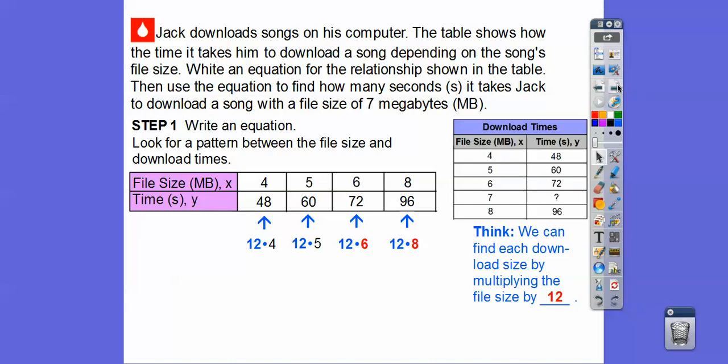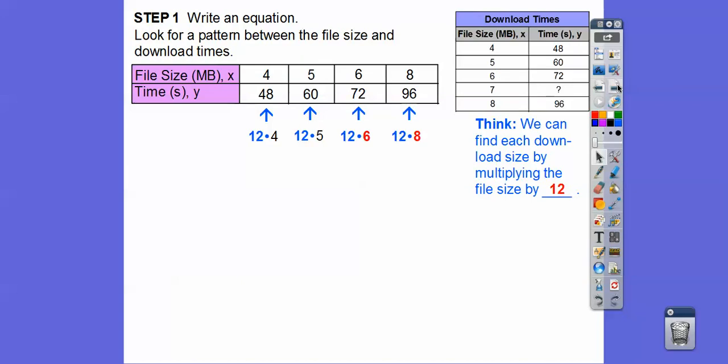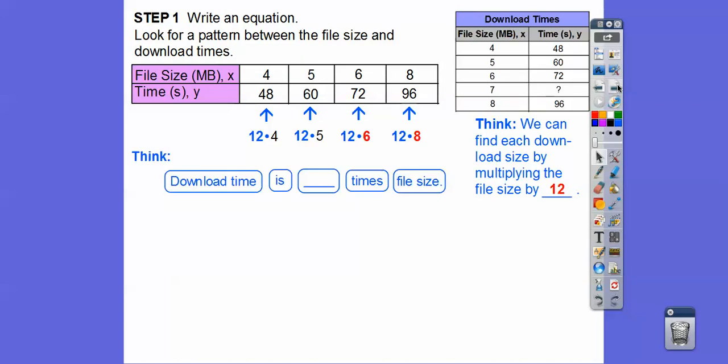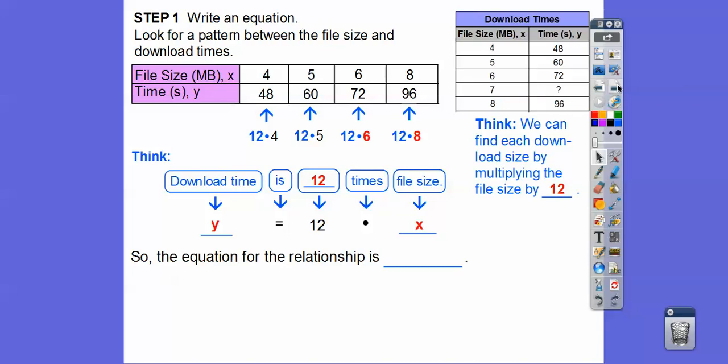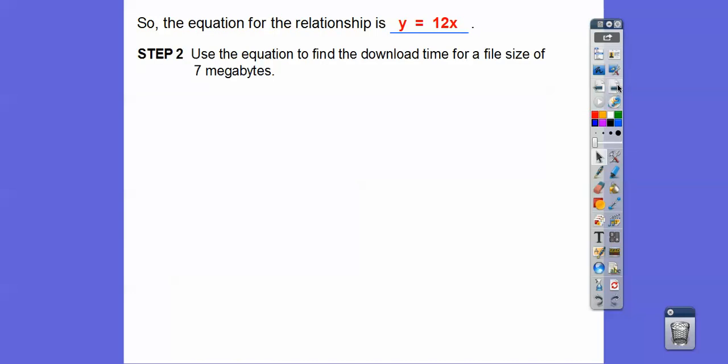We need to find 12 times 7. Our download time, which is our y, equals 12 times the file size, which is x. So the equation for this relationship is y equals 12x. Then it's asking us to use the equation to find the download time for the file size of 7 megabytes.